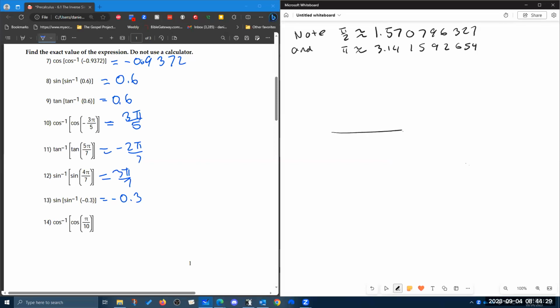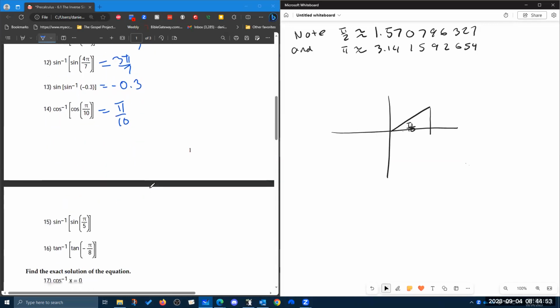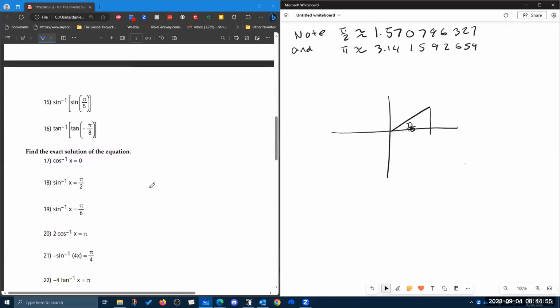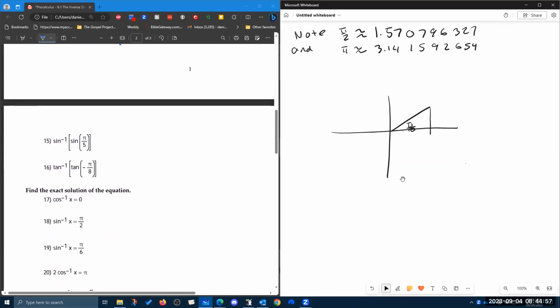Now let's look at cosine of pi over 10. That's going to be in quadrant 1, so nothing special is going to happen to that, because when I take this triangle here, it's going to return a positive cosine value in quadrant 1. So I'm going to stay there in quadrant 1 for that.